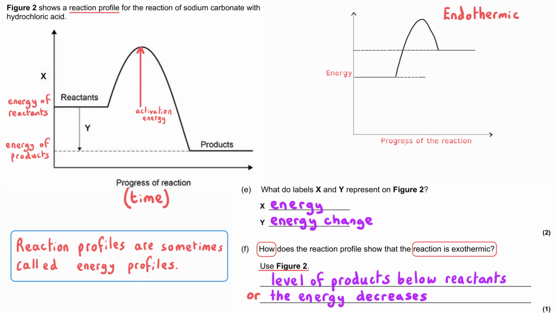The chemical energy decreases and the thermal energy is released as a result of that. And so the temperature would increase. Whereas in endothermic, the chemical energy increases and thermal energy therefore goes down and the temperature would drop.